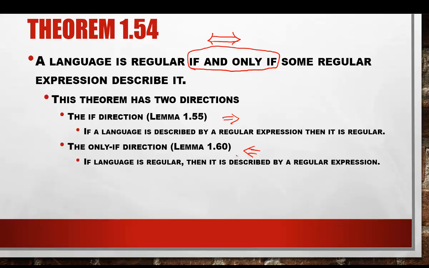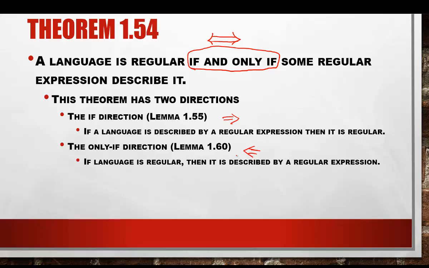We're going to look at the first statement, Lemma 1.55, that if a language is described by a regular expression, then it is regular. We're going to prove that because it's the simplest direction in this theorem, and as a result of proving it, we will come up with a mechanism to convert regular expressions to finite automata.